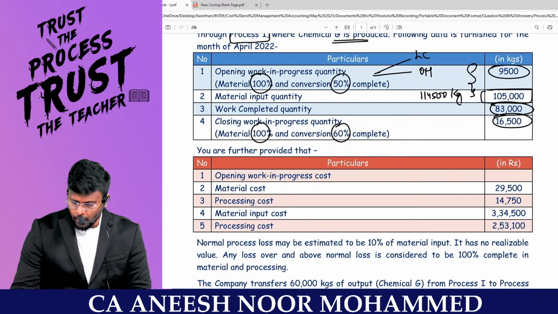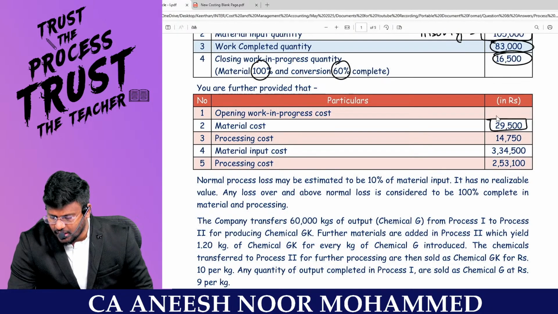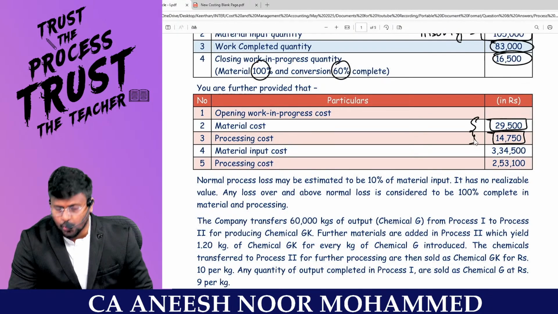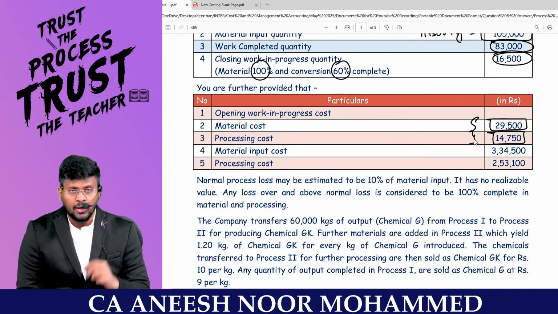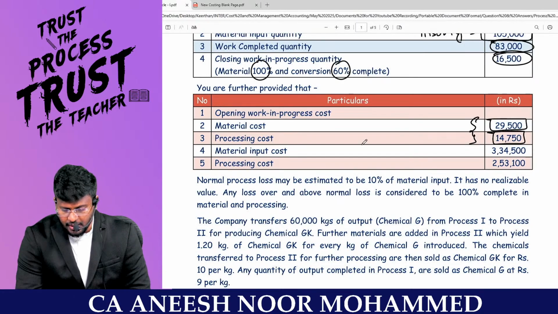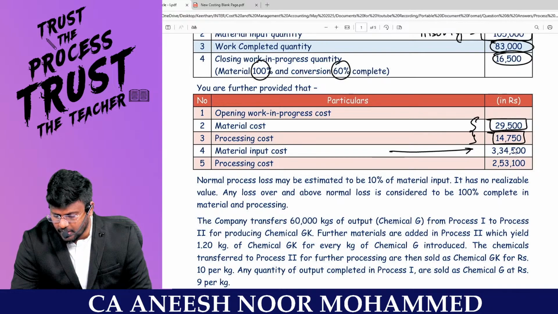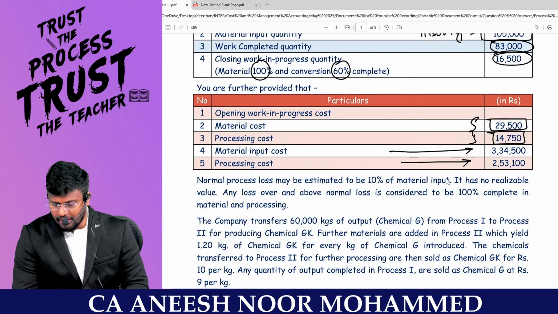You are further provided the opening WIP cost: material 29,500 and processing cost 14,750. If we add these two, we get the value of the opening WIP. In addition, during the current period, material input cost and processing cost, which is labor plus overhead, have been spent.